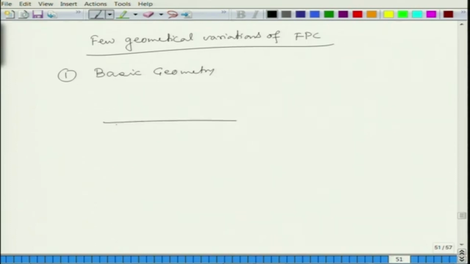Okay. So, this is the plate where you have these tubes.